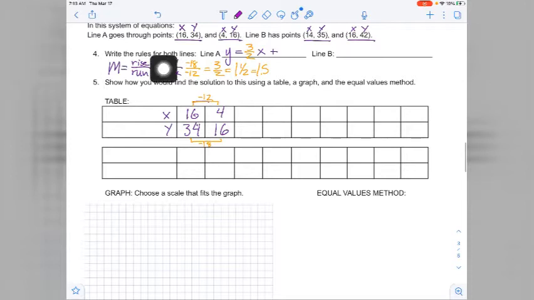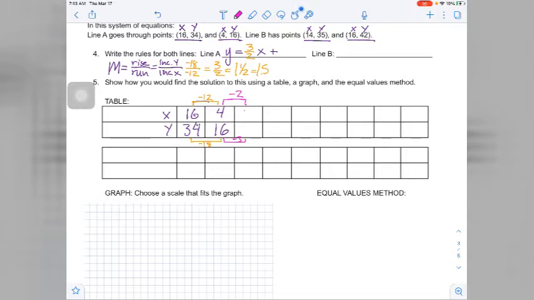So now I know that every time y goes up 3, x is going up 2. That's what this rise over run tells me. I can use that information to go back to where x is 0. If we go back 2 more, this is going to go down 3 more.